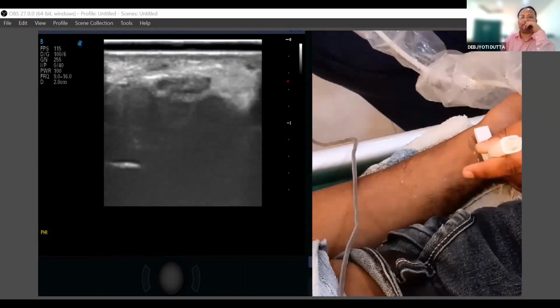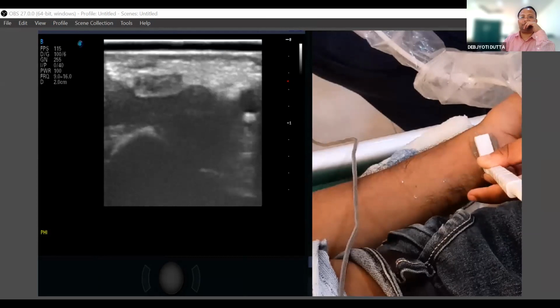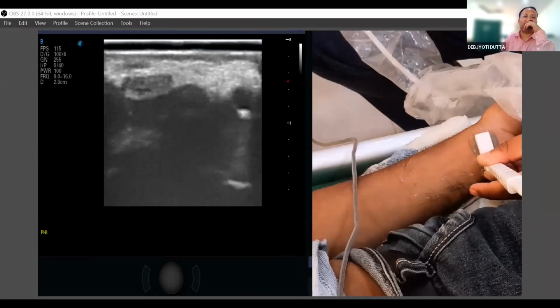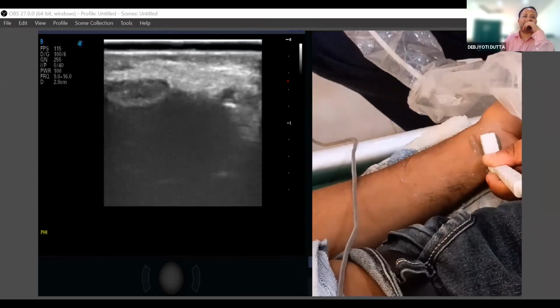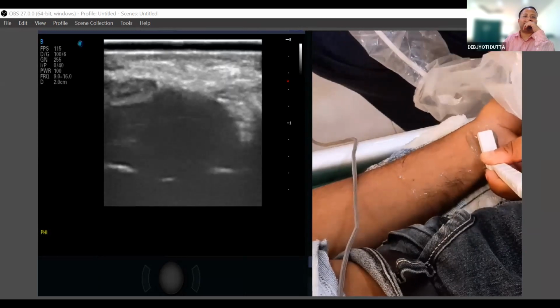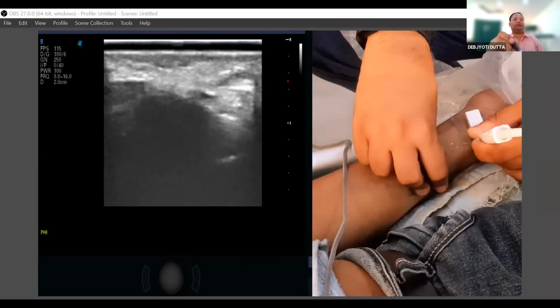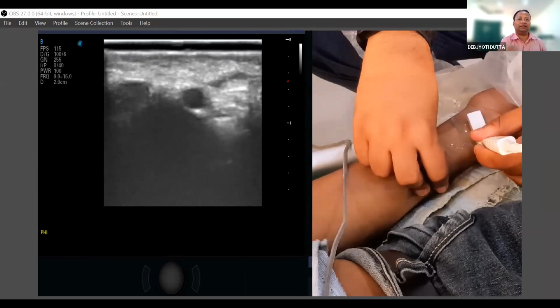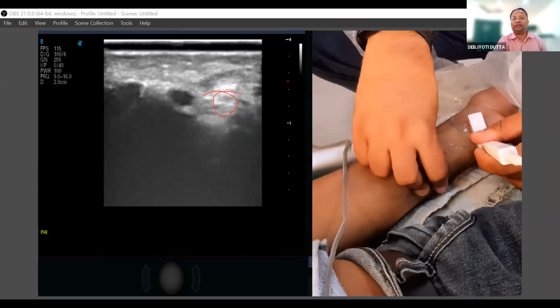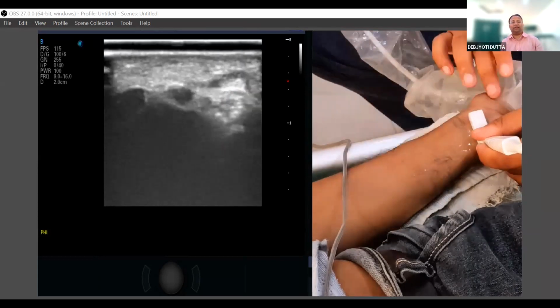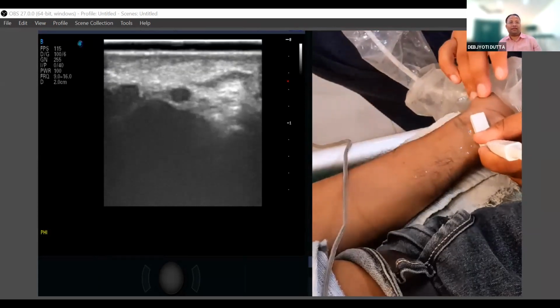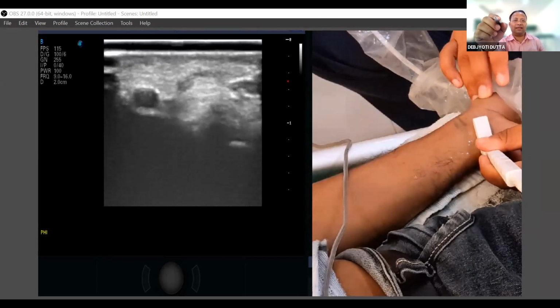Now if we go towards the ulnar side, again this is the ligament. Now we are going towards the ulnar side.